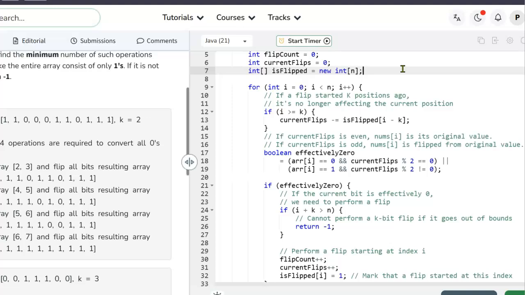So the easiest way to do it is just to have an array of length n and keep track of whether or not a digit has been flipped. But you could have kind of a sliding isFlipped window of length k.